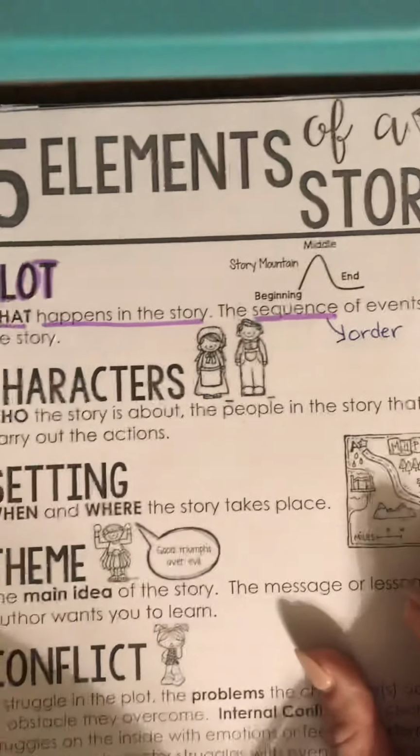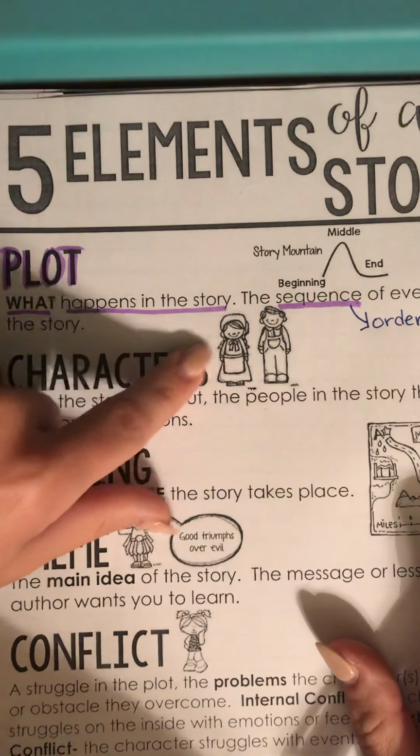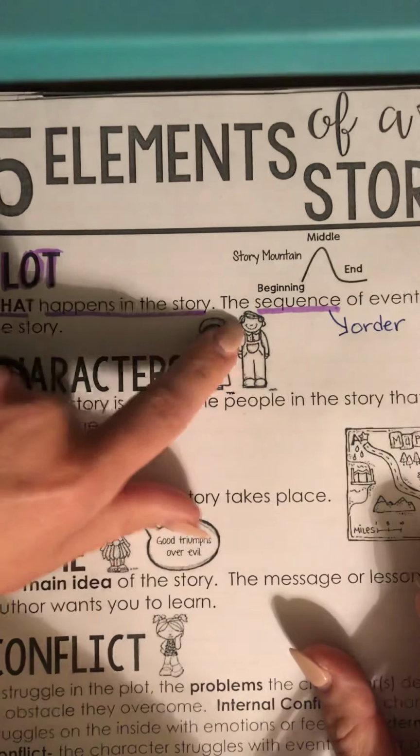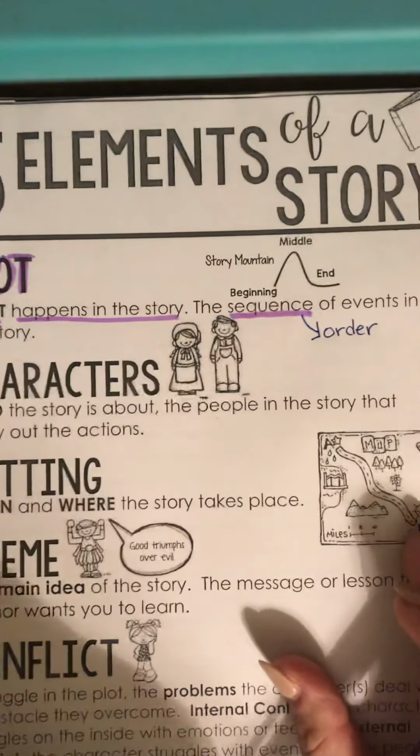So the plot is the what that happens in the story, or it's the order of events in a story. So underneath order, I'm going to just write a number 1, a number 2, and a number 3. Now, that doesn't mean that there's only going to be 3 things inside our story, but this is just going to help us remember that sequence means order of events.